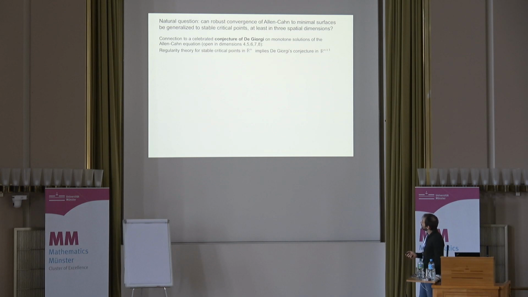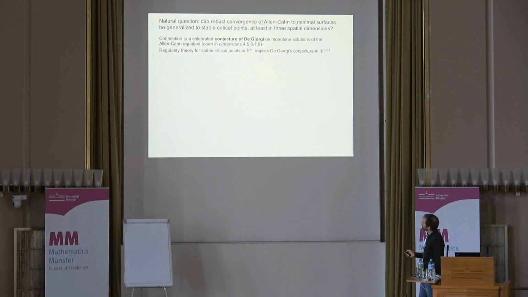The first thing that I want to point out is that there is a connection between this question and a celebrated conjecture of De Giorgi on entire solutions of Allen-Cahn that is still open in full generality in dimensions 4 to 8.